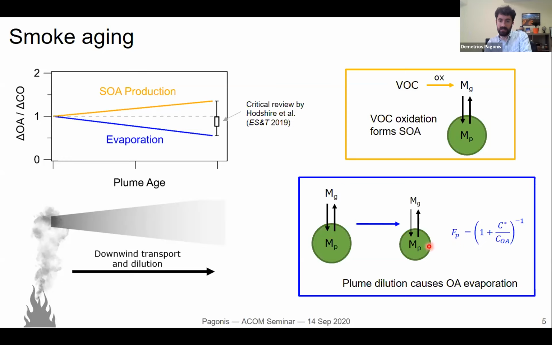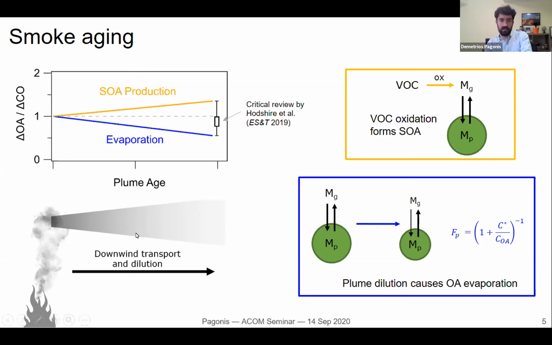So that's the mass in the particle divided by the sum mass of what's in the particle phase and the gas phase. Right? And what that depends on is the total concentration of OA, C_OA, and the volatility of the given compound expressed as a saturation mass concentration, C*.